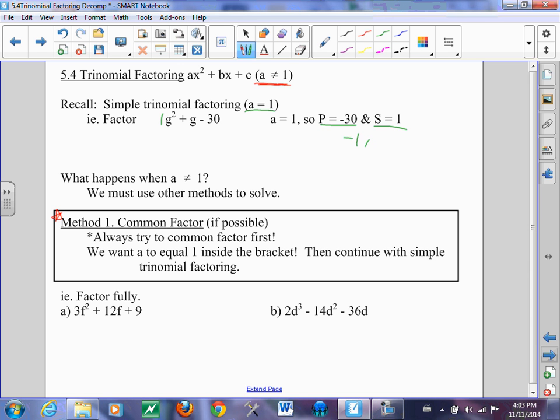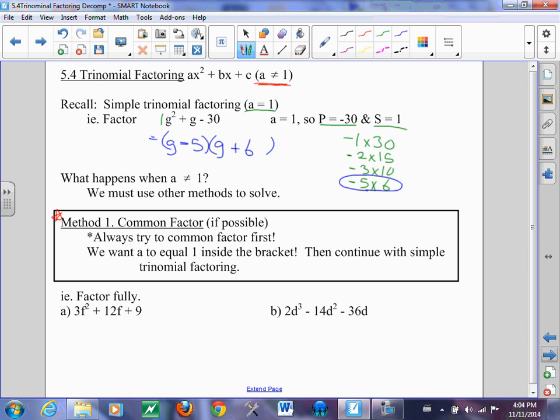So I'm going to go negative 1 times 30, negative 2 times 15, negative 3 times 10, and negative 5 times 6. Got all my factors there that give me a product of negative 30, and only one of them will have a sum of 1, which is negative 5 times 6. So to factor this, you would take your two brackets, take the square root of the first, and take the signs attached to the factors.